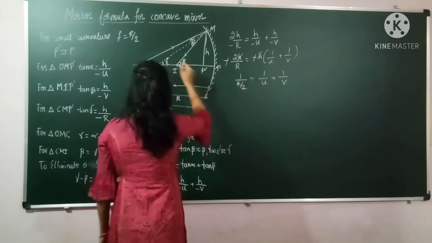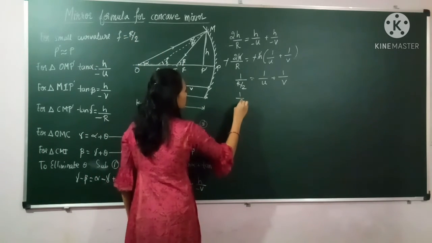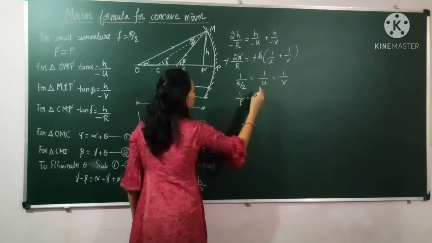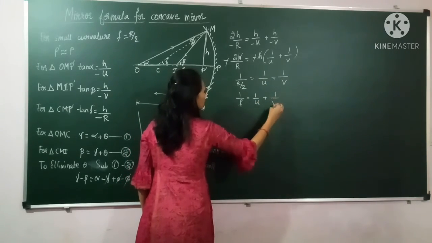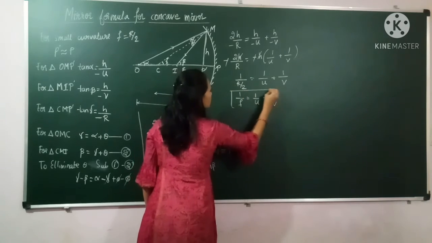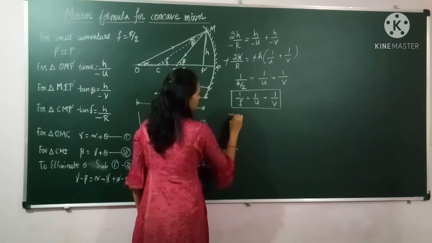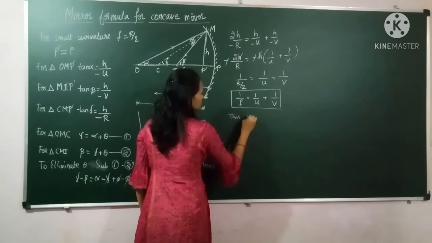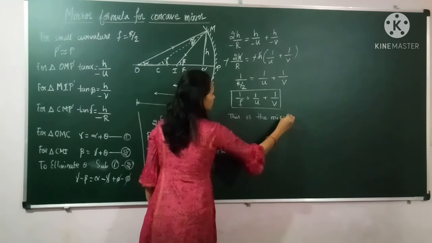Now r by 2 can be written as f. So from this relation we can write 1 by f is equal to 1 by u plus 1 by v. So this equation or this relation we will call the mirror formula. So this is the mirror formula.